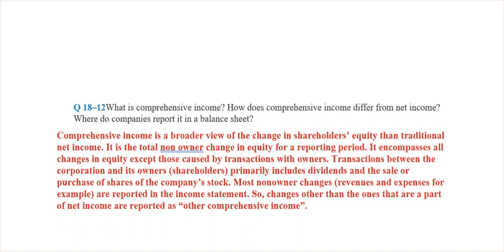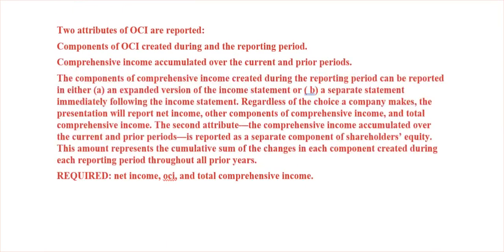And if you would go back and look at the module, I give you an example of an income statement which uses the option of including OCI items at the bottom of an income statement, just continuing with the income statement until you get to comprehensive income. That's a good review if you want to look at that one for Berkshire Hathaway.